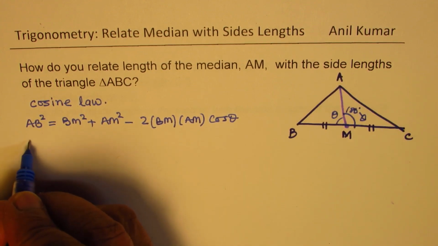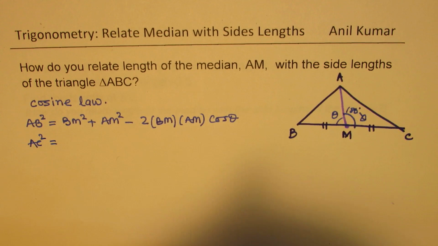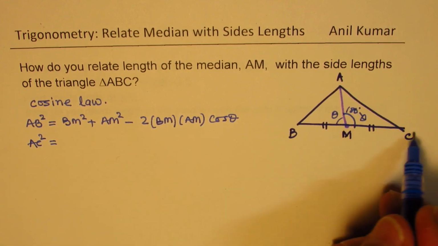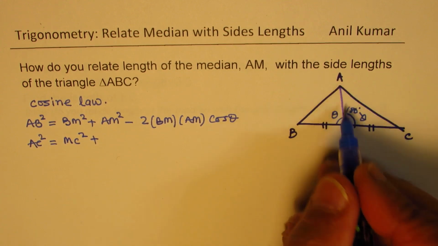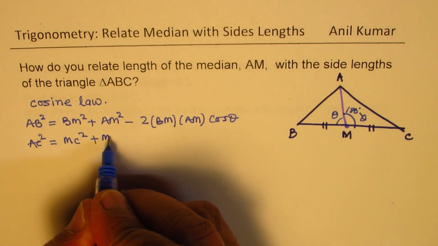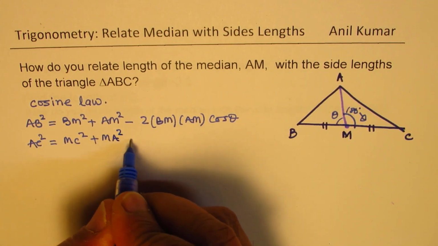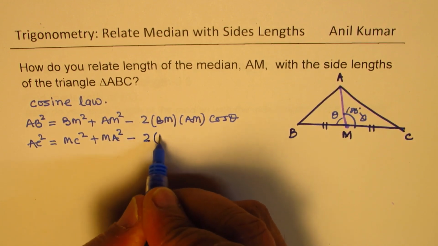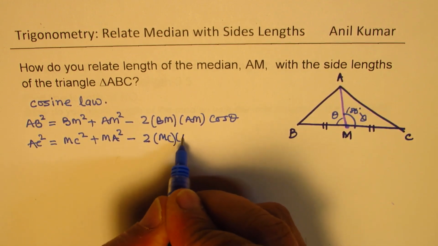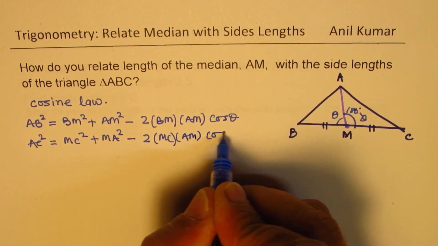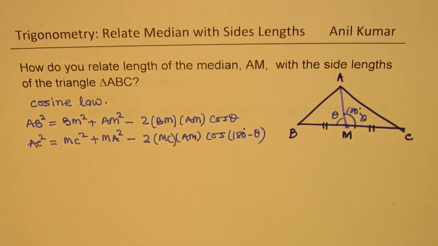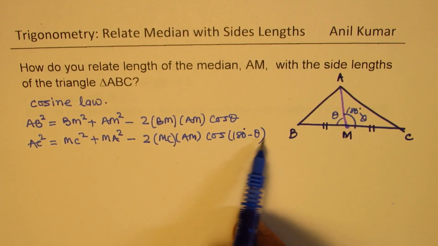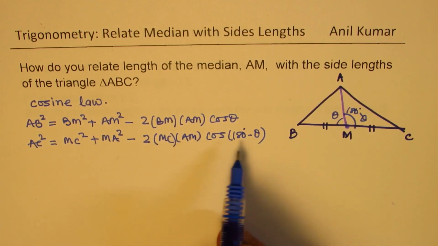So we get AC square is equal to MC square plus MA square minus 2 times MC AM cos of 180 degrees minus theta. Now cos of 180 degrees minus theta is minus cos theta.